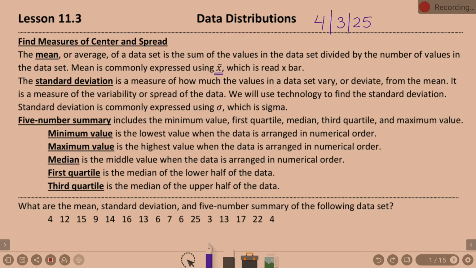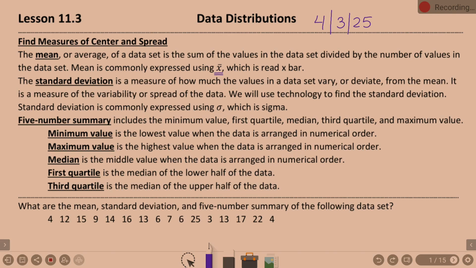Okay. Then we're also going to talk about standard deviation. Standard deviation is a measure of how much the values in a data set vary or deviate from the mean. It's a measure of the variability or spread of the data. We will use technology to find standard deviation. I focus on teaching Excel, but I will also try and show it to you on the calculator at some point.